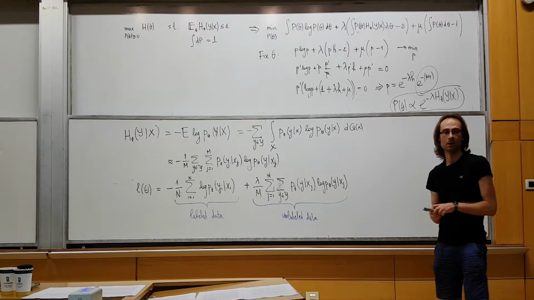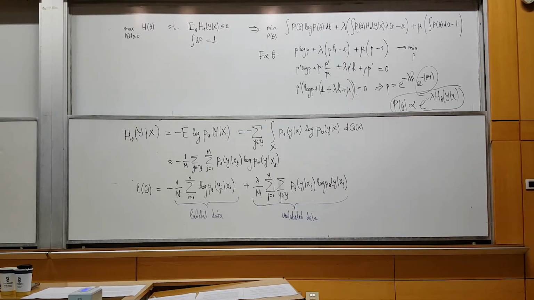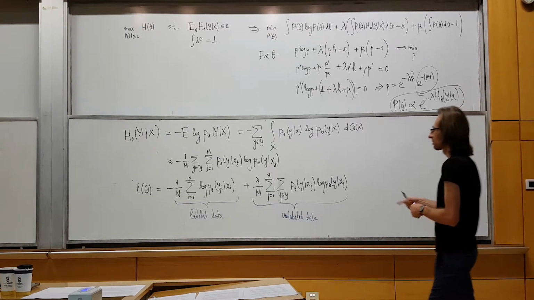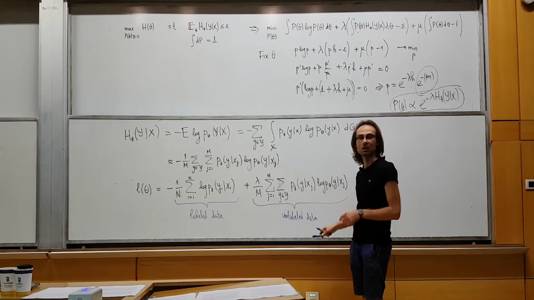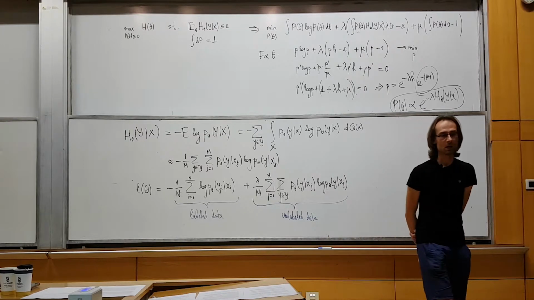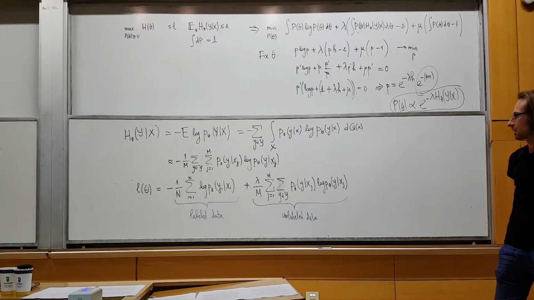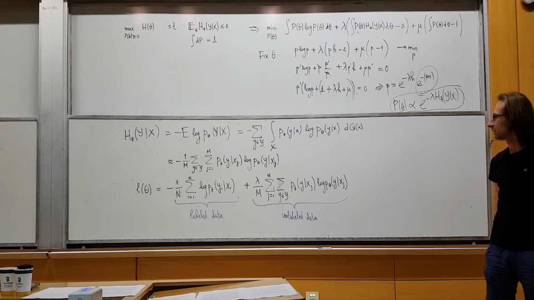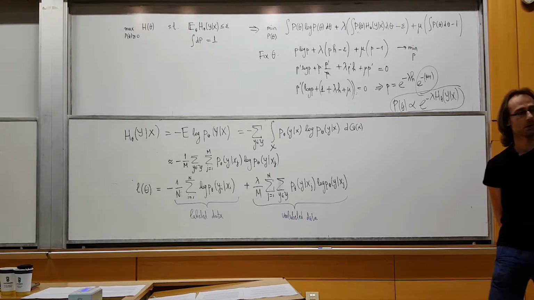In labeled data, we have specific labels, so we evaluate log p theta at yi given xi. Here we don't have labels, so we sum over all the labels in the label space, and we evaluate the entropy, right? We evaluate p theta times log p theta. Okay?